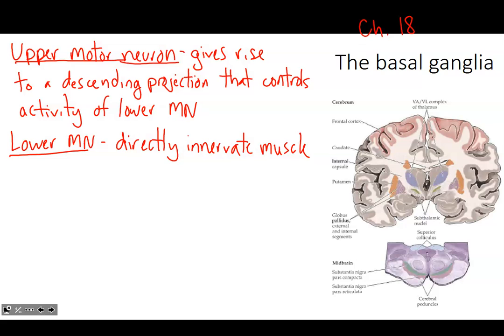The basal ganglia do not project to lower motor neurons, even though they're in the brain.